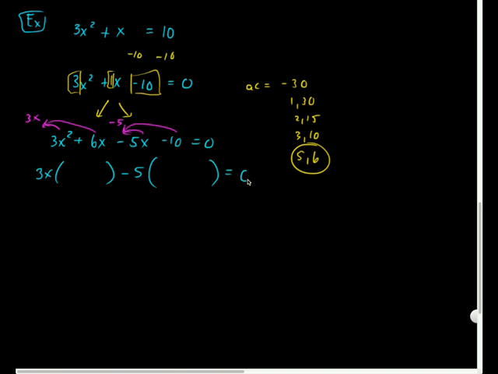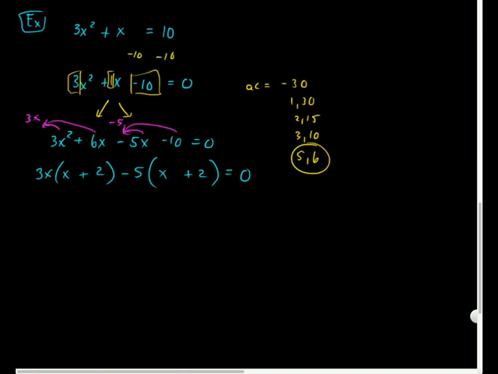Let's see, so I've got 3x times what would be this, so that would have been x, 3x times x is 3x squared, and 3x times 2 would give us a 6x, right? I believe that checks out. Negative 5 times what is negative 5x? That would be an x. And negative 5 times what would give us a negative 10? That would be another plus 2. And now both of these sets of parentheses do have to match in order for this to work.